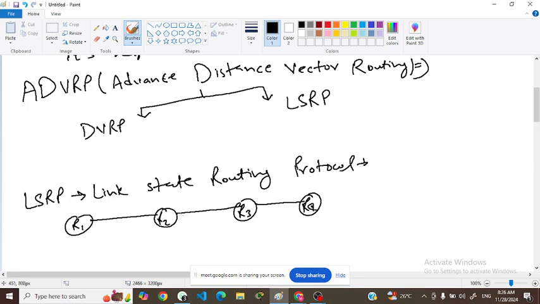Suppose R2 is sharing to R1 that I have 12 network in my routing table and 13 network in my routing table. It will not only share that the 12 and 13 networks are in my routing table, it will also share that the 12 network is connected with R3 and the 13 network is not directly connected with me. It is connected through R3, in between R3 and R4. So it means it is giving the information of each and every link.